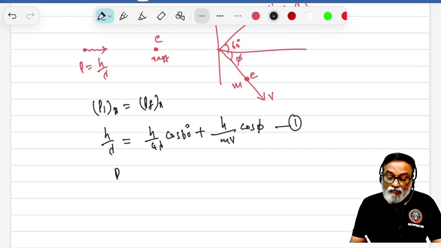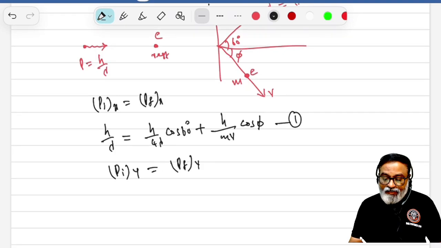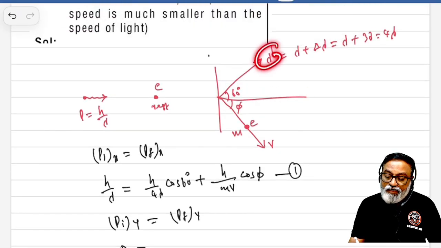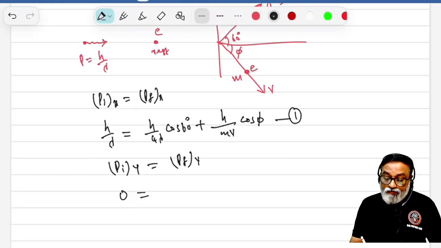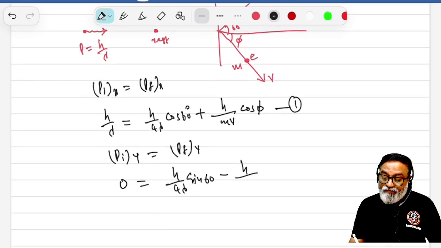Next one. Initial momentum along y direction equals final momentum along y direction. Initially, there is no momentum along y direction. This is 0. After that, momentum of scattered photon in this direction, h by 4 lambda sin 60, and the electron in this direction downwards, minus mv sin phi.